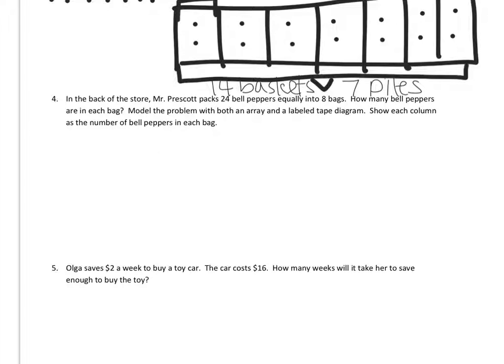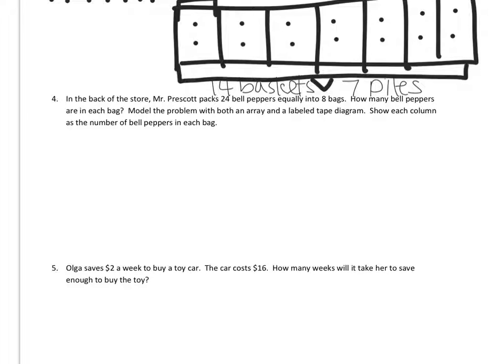Alright, welcome back. So, how many bell peppers are in each bag? Well, let's draw our array first. I know that I have 24 peppers and they're in 8 bags, but my bags are not going to be my rows this time. My bags are going to be my columns.